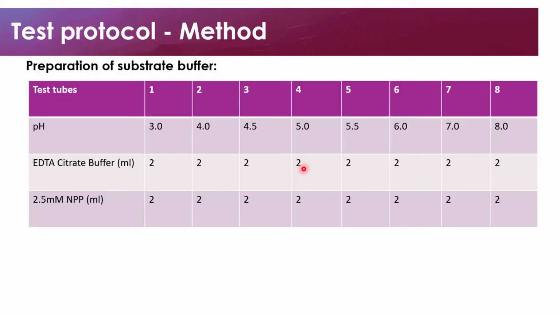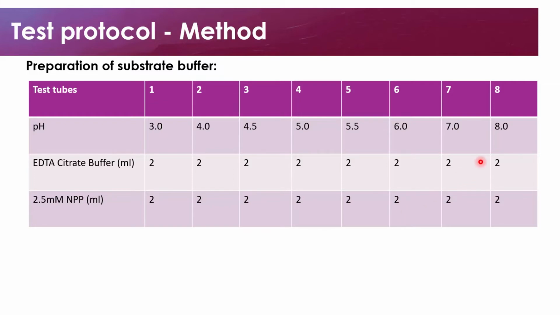For test tube 4, we have 2 mL of our buffer of pH 5.0 and 2 mL of our 2.5 millimolar NPP. For test tube 5, we have 2 mL of our buffer at pH 5.5 and 2 mL of our 2.5 millimolar NPP. For test tube 6, we have 2 mL of our buffer of pH 6.0 and 2 mL of our 2.5 millimolar NPP.